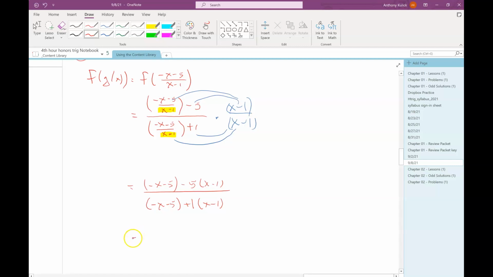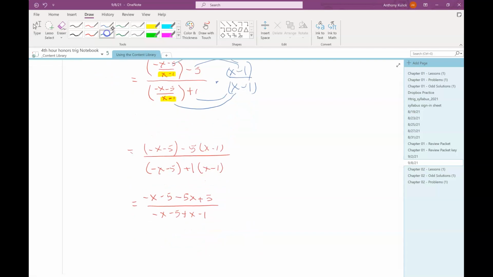And now I'm just going to simplify, so I'll go ahead and do the distributing. In the numerator, -5 and +5 combine to get 0, and -x and +x combine to get 0. And I'm left with -6x over -6, which is just x.